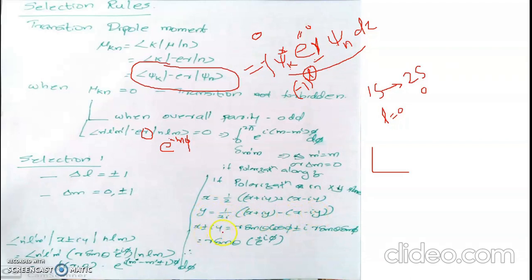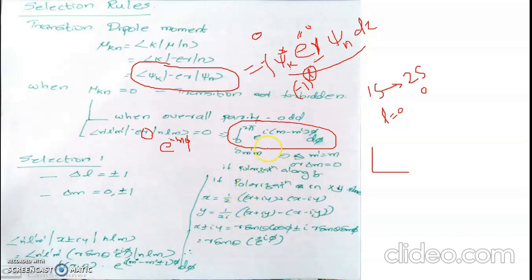Then x plus or minus iy is, as you know, in spherical polar coordinates, x equal to r sin theta cos phi and y equal to r sin theta sin phi. Then see here, this will have this component phi, and this component needs to be taken into consideration while you take the integral of this zenith part of the wave function. This is valid if and only if the polarization is in the xy plane.